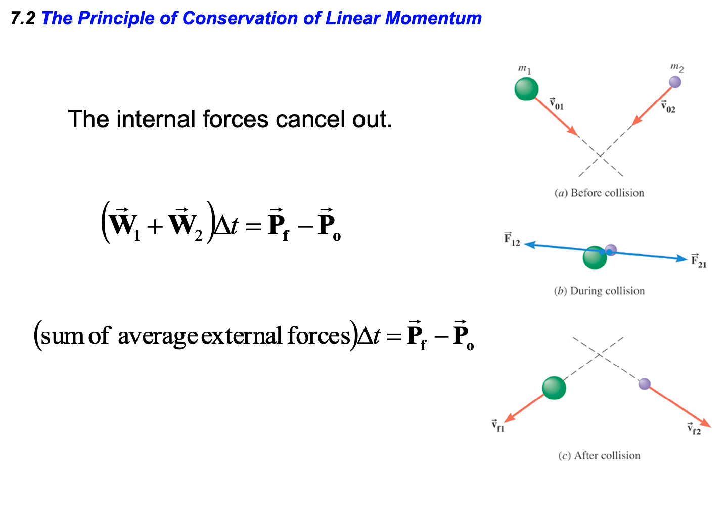Okay, so W1 plus W2 is the sum of average external forces times delta t, which is equal to final momentum minus initial momentum. If the sum of the external forces is 0, if we assume this side is 0, which is equal to P final minus P initial, if I rearrange this, final momentum equals initial momentum.